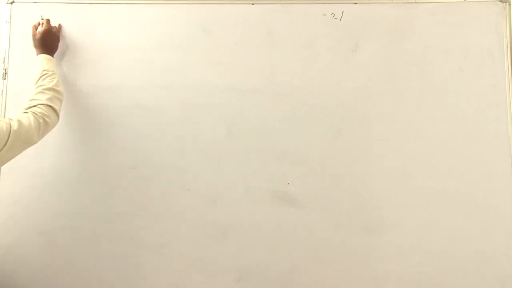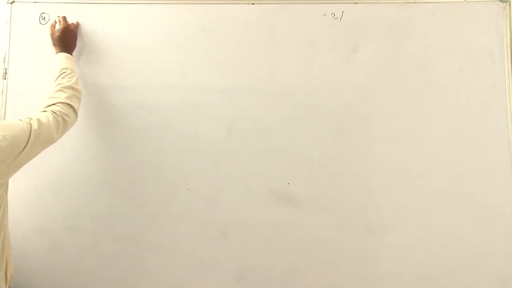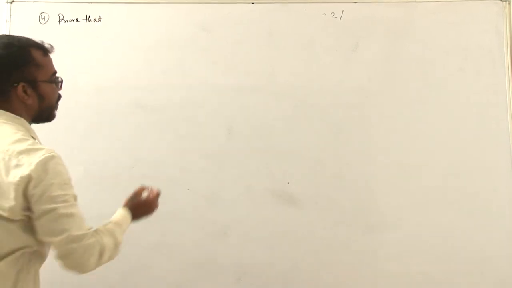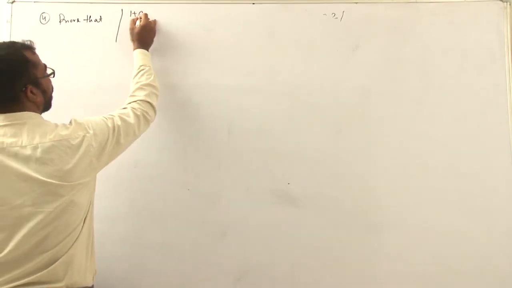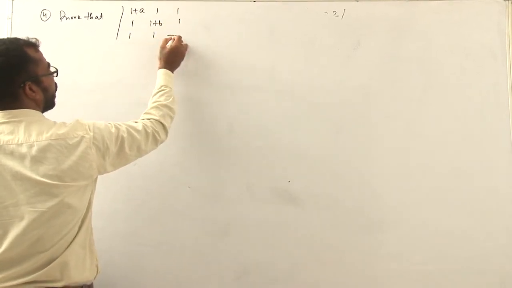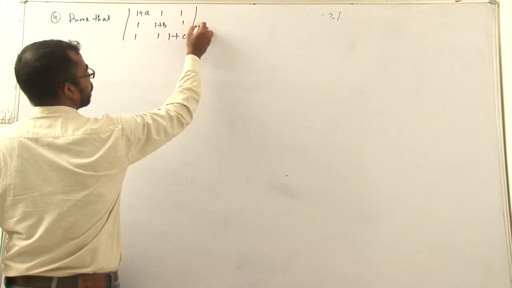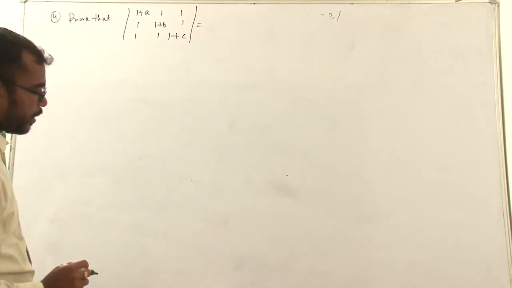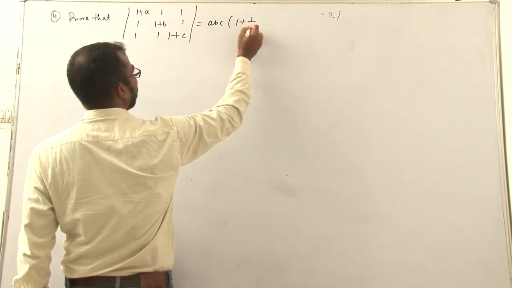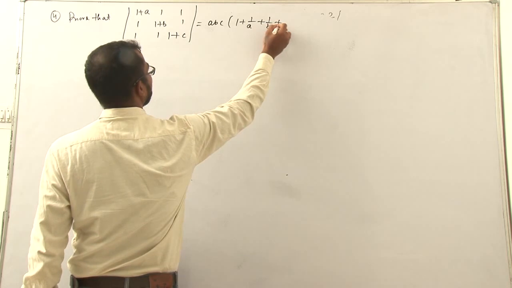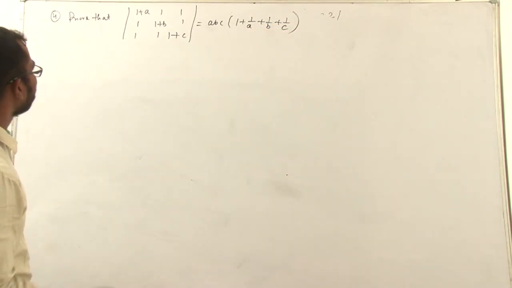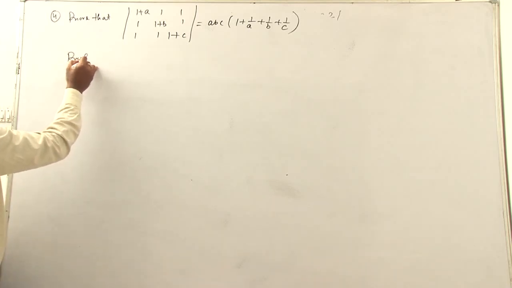Question number 4, I think: prove that the determinant 1 plus A, 1, 1, 1, 1 plus B, 1, 1, 1, 1 plus C. It is a third order determinant, and we have to prove that it equals ABC into 1 plus 1 by A plus 1 by B plus 1 by C. So now you have to prove that.